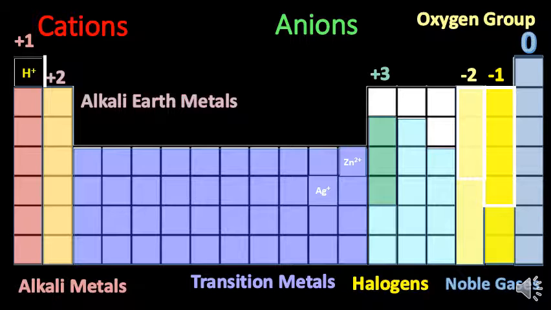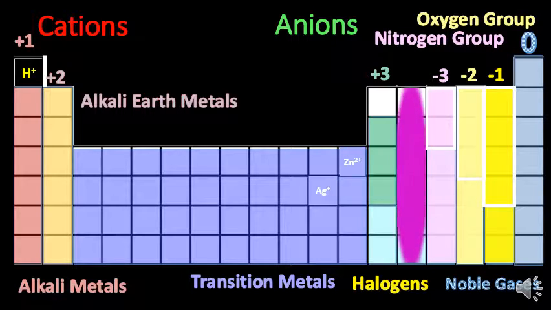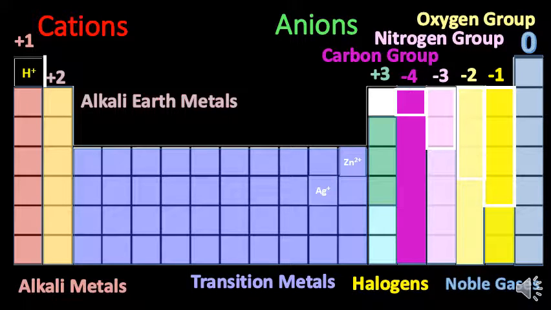That's oxygen, sulfur, and selenium. Then in the nitrogen group, I just mean the first 2 have a -3 charge. And then in the carbon group, the only one I'm truly worried about is carbon itself, and it has a -4 charge. Those are the absolute need-to-knows for the rest of your chemistry career.